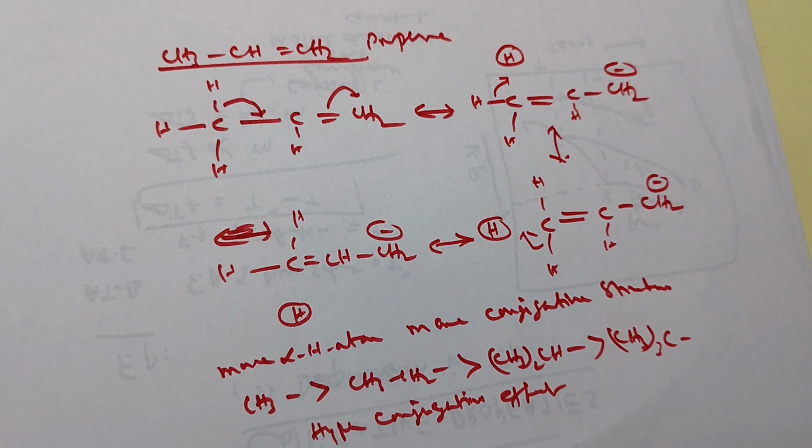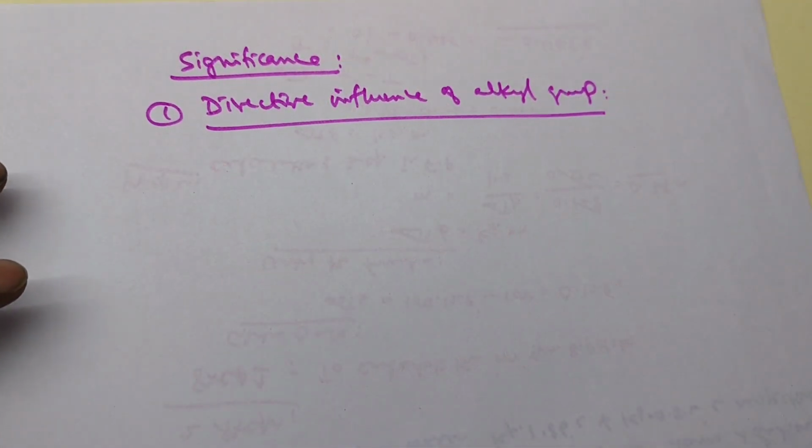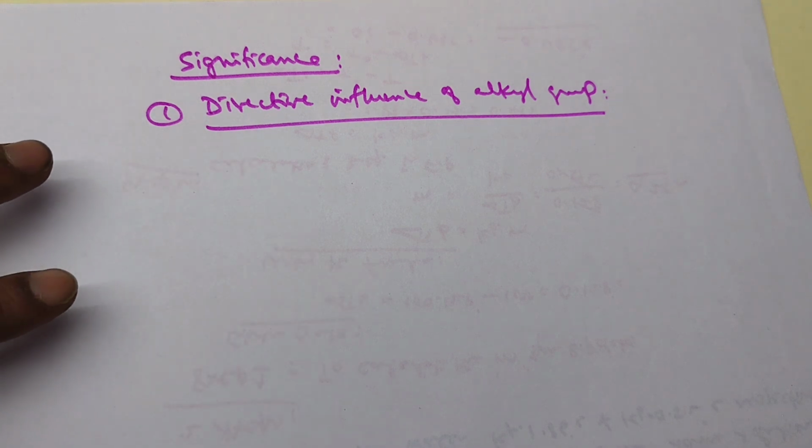Okay. Next we will discuss the significance. The first significance is the directive influence of alkyl groups.